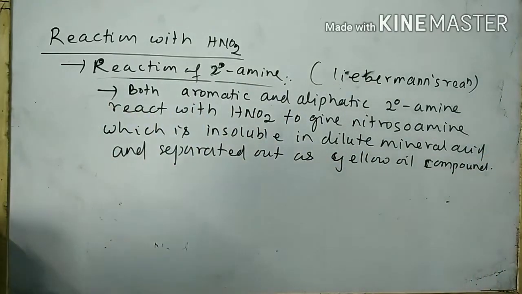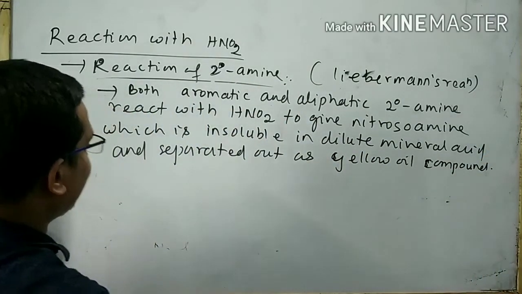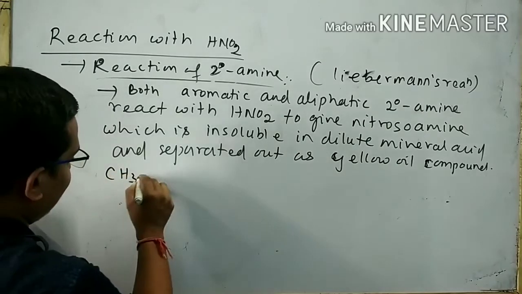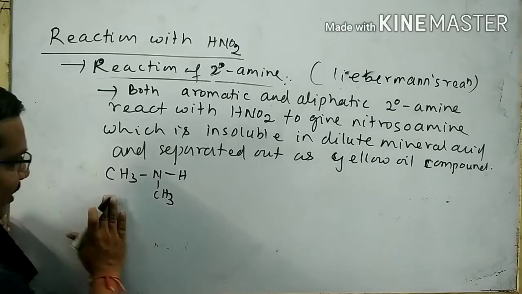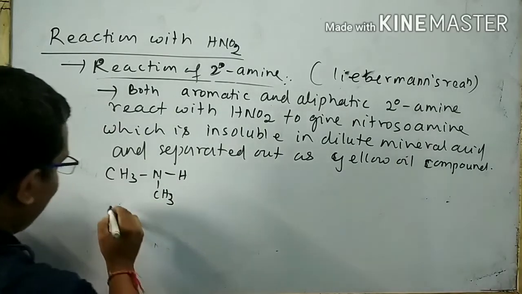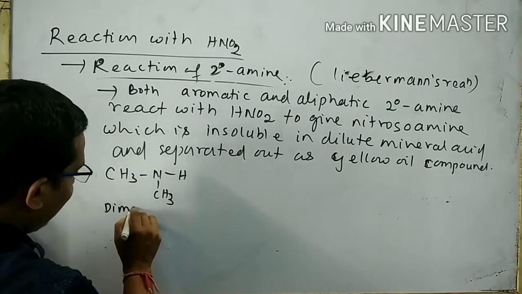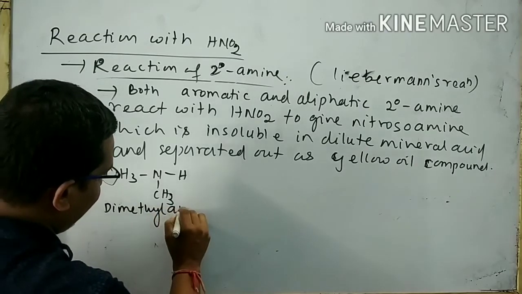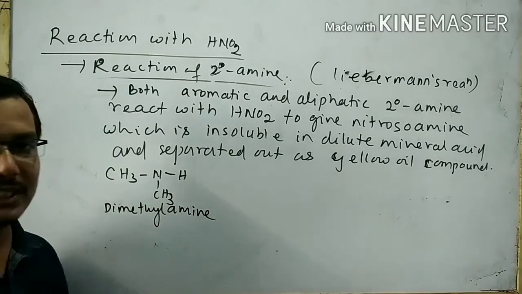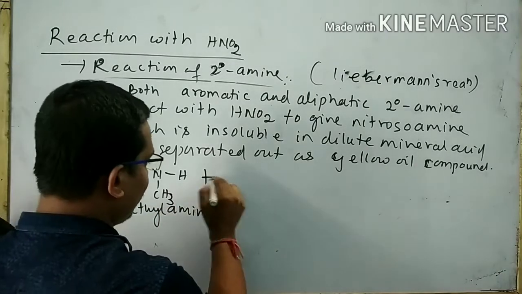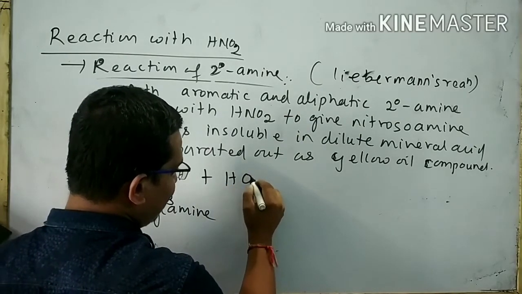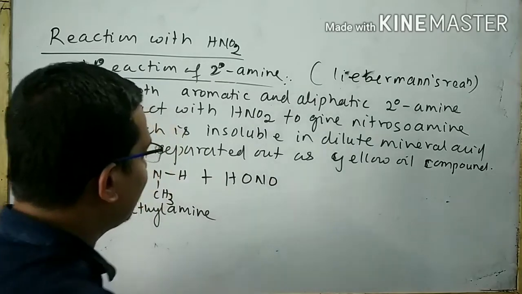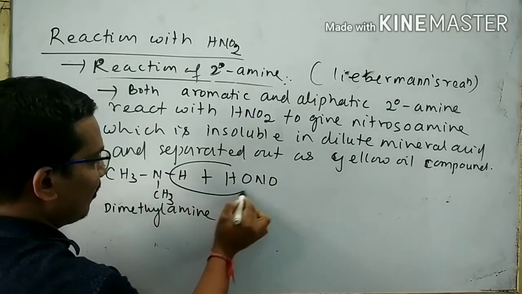Now I will take an aliphatic 2-degree amine. This is an example of an aliphatic 2-degree amine. The name of this compound is dimethylamine. When it is subjected to reaction with HNO2, we can write the structure of HNO2 like this: HONO. There is a loss of a water molecule.